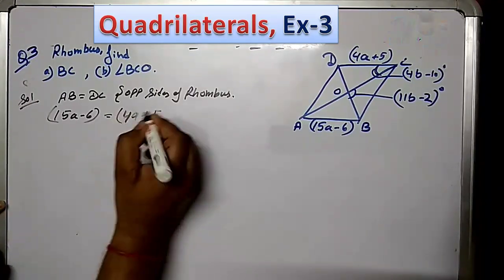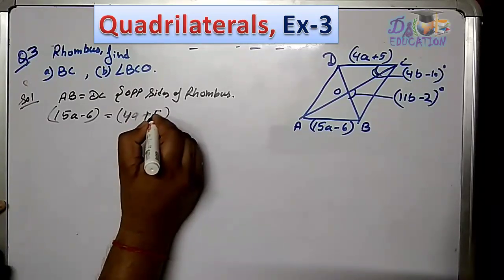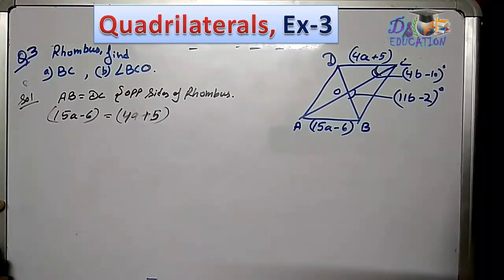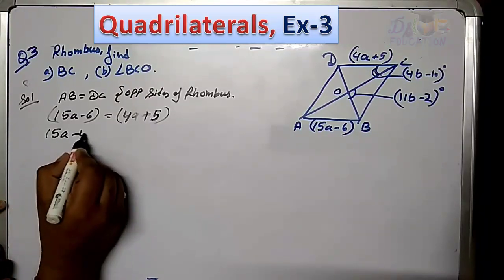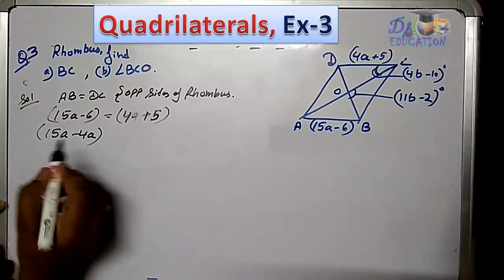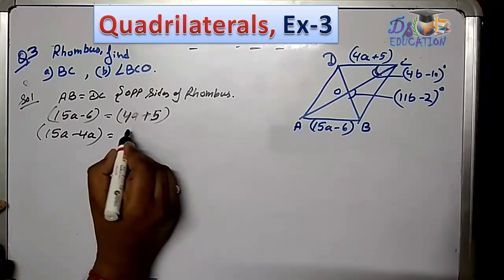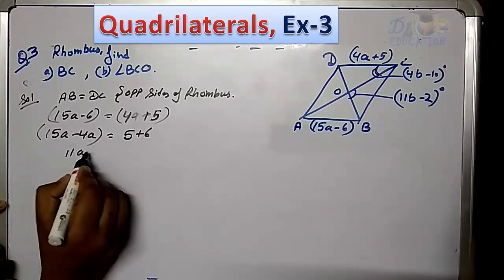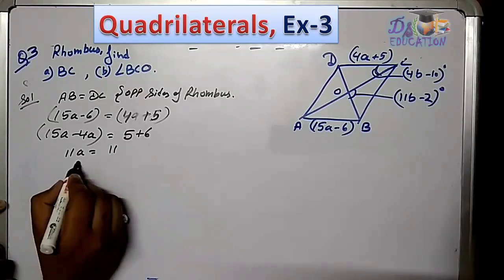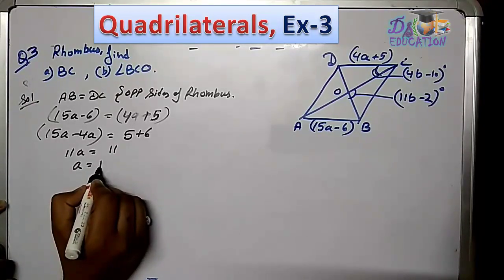Now 15a minus 4a is equal to 5 plus 6. It will become 11a is equal to 11. So a will become 1.